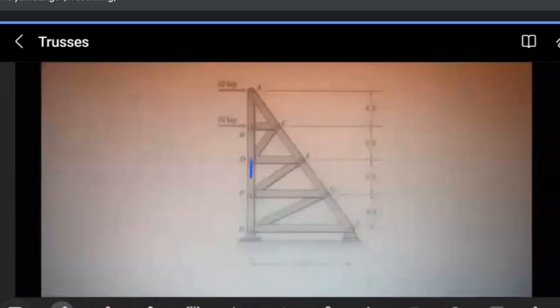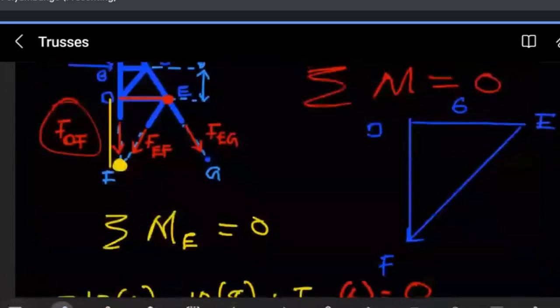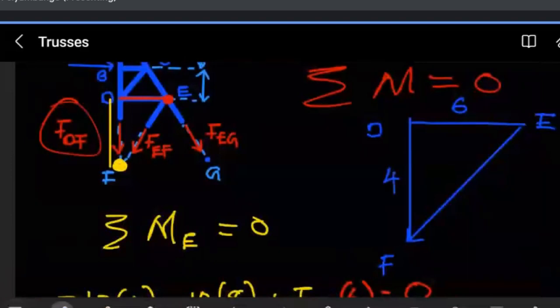DF is from here to here, and DF is given as 4. So since we already know DF and DE, this is what we have. Notice that with these two, we can easily figure out what this angle here is. Let's label this angle as phi, and then we can use that angle to break down EF into parts.